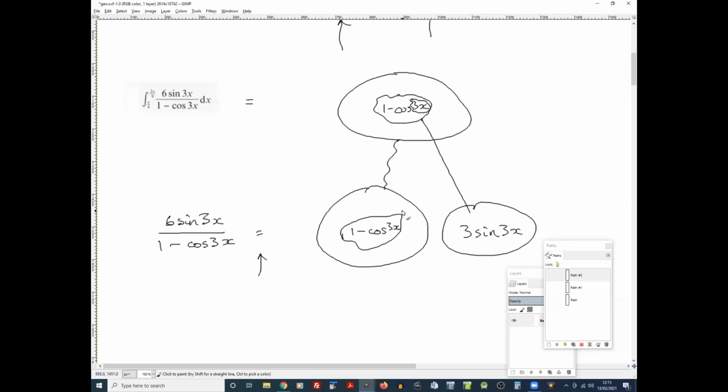Good. So that's the outer function, which basically tells you the outer function up here must be ln. Good, natural log.